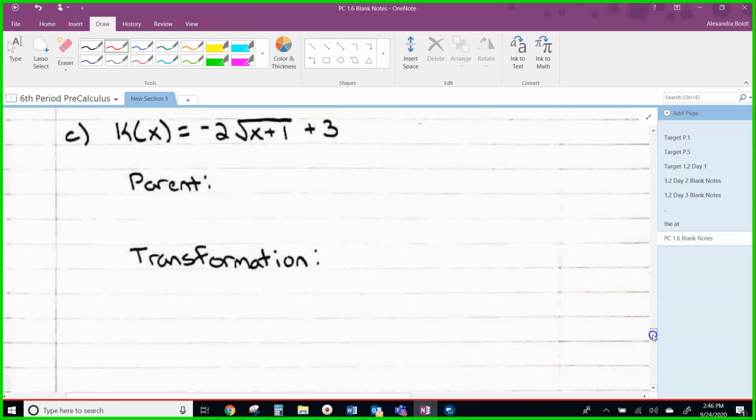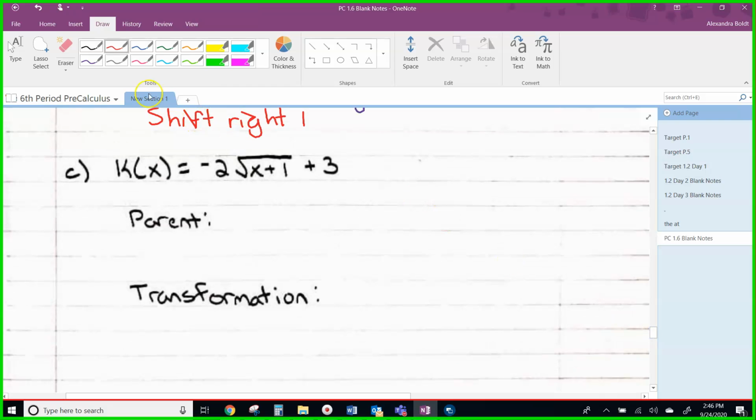All right, let's look at C. K of x equals -2 square root of x plus 1, plus 3. So we have our square root function here. So that's our parent.